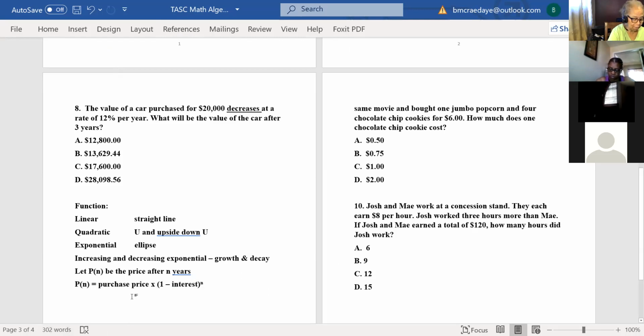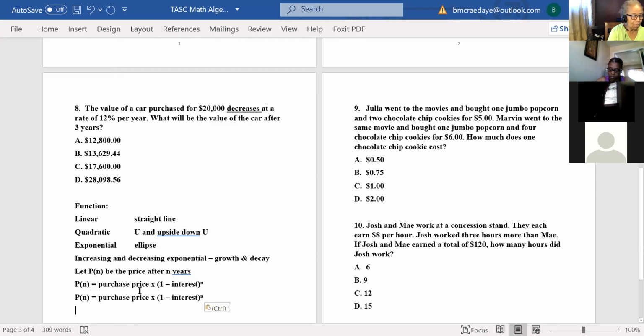So the purchase price is what? What did he purchase? 20,000. So you put 20,000. Now the interest converted to a decimal would be what? This is the interest right here, 12% per year.